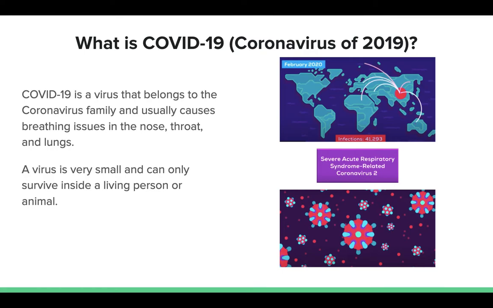It started in December 2019 in China, and the cases doubled all over the world, and it can affect multiple different organs in our body. The virus is small and can only live inside a living person or animal. It really requires its host, because outside of a living body it can't survive, though there is some question how long it can survive outside of the body. But we'll get into that a little later.